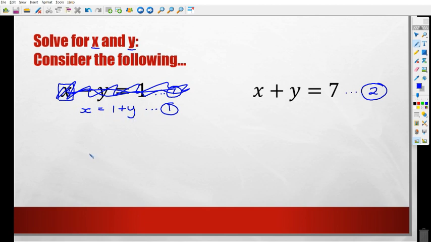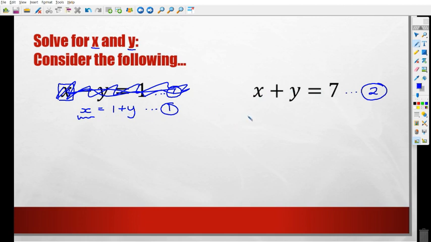Now what did I just find x out to be? What is x? x is 1 plus y. So that means that if I go now to the other equation, I know what x is. What is x equal to? 1 plus y.